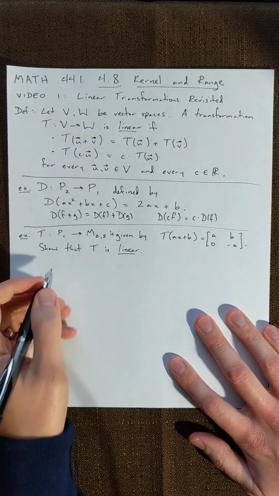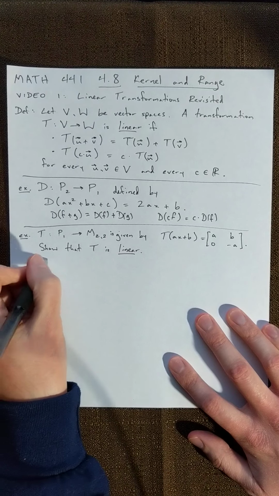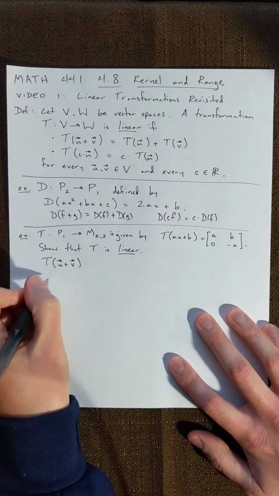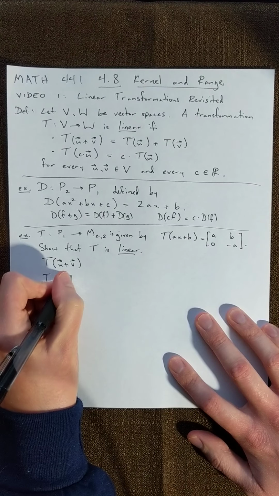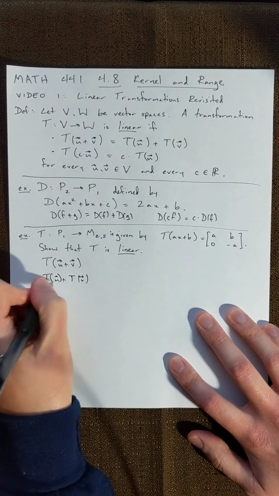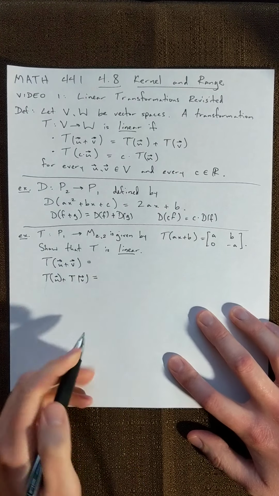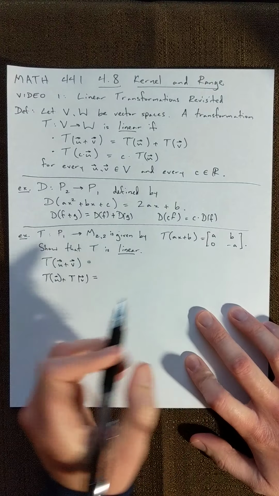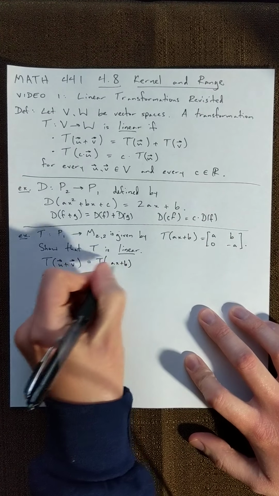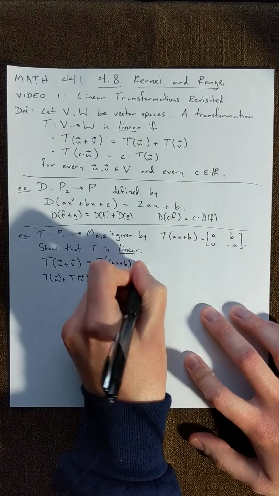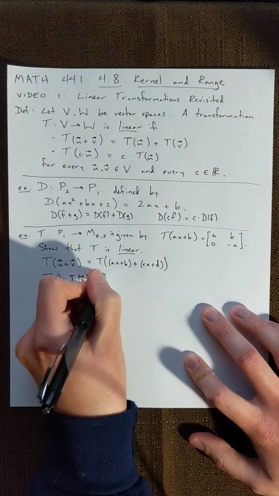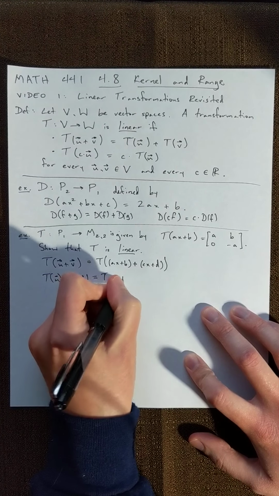So first I need to compare T of u plus v and T of u plus T of v. Okay, so I need to start off with what exactly I mean by u and v. One of them is going to be ax plus b, and the other one, I guess I'll use cx plus d. And so I just copy the same thing.